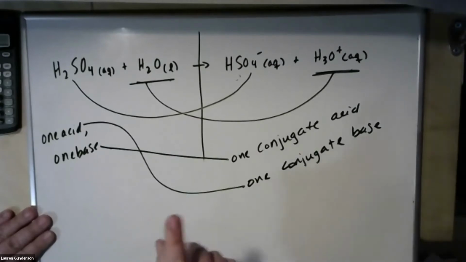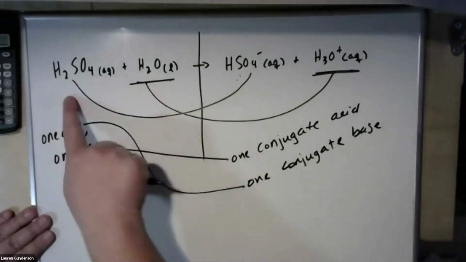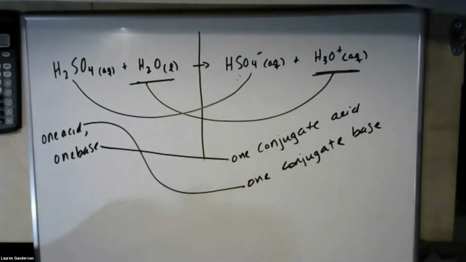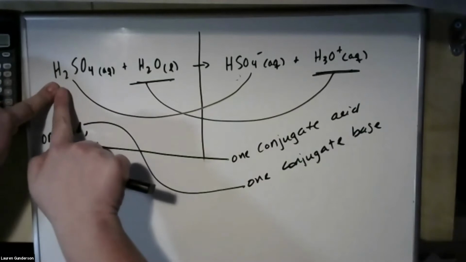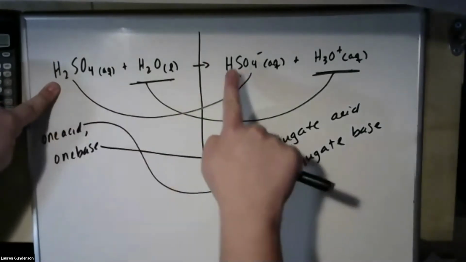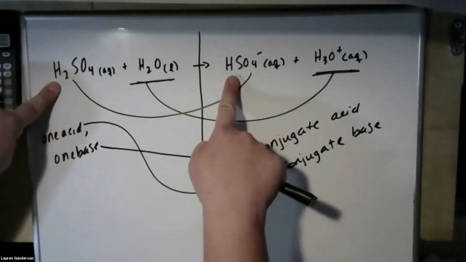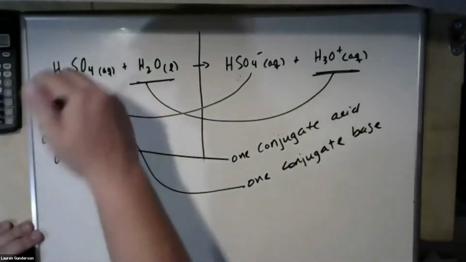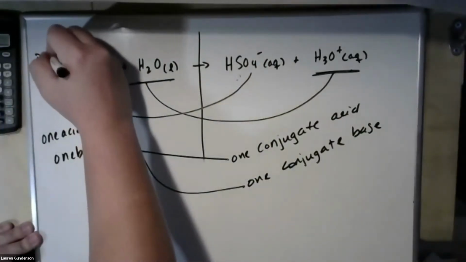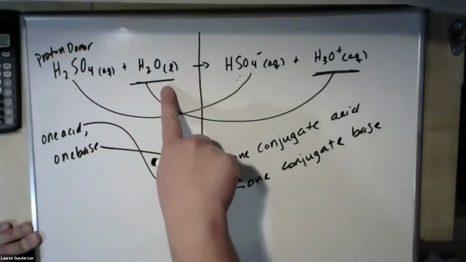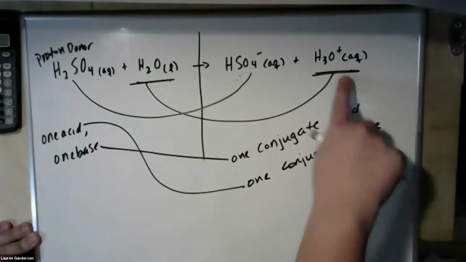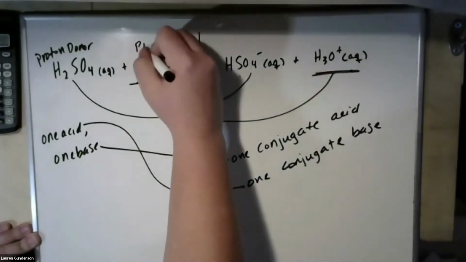So looking at our two reactants, H2SO4 went to HSO4 minus. In this case, H2SO4 is our proton donor. H2O went to H3O plus, so water is our proton acceptor.